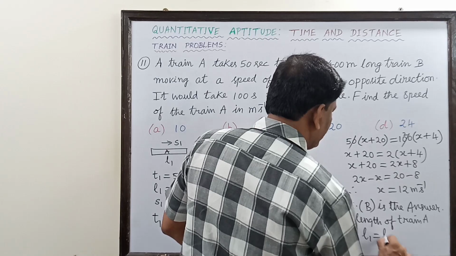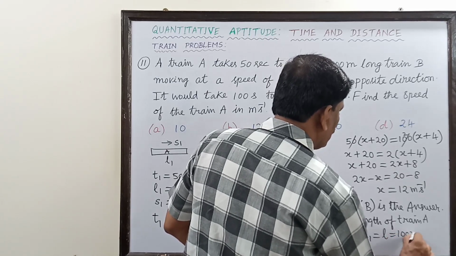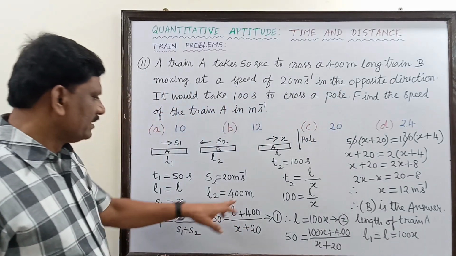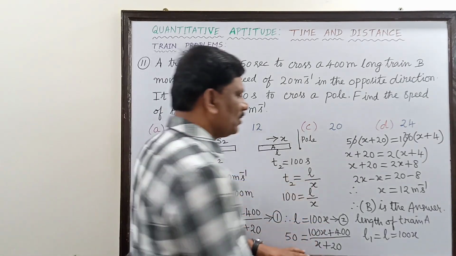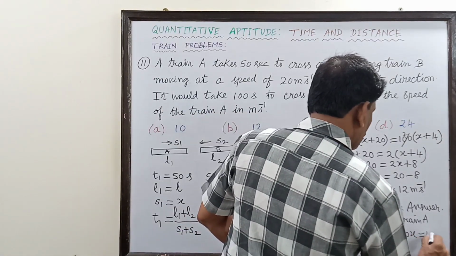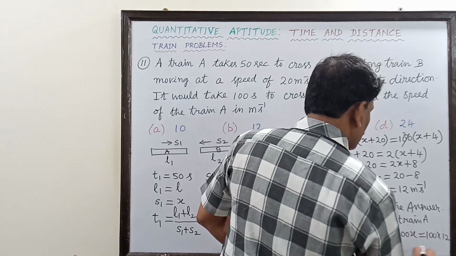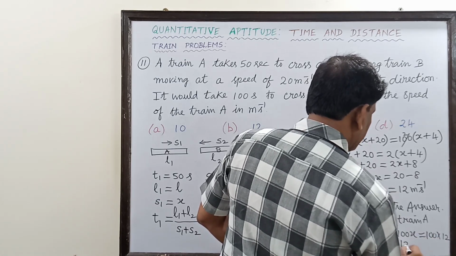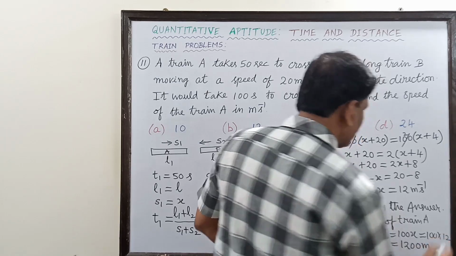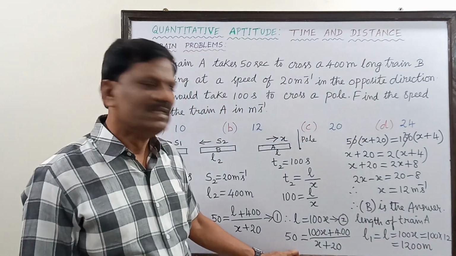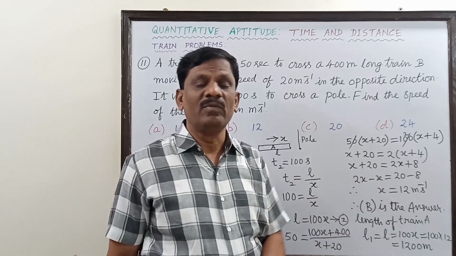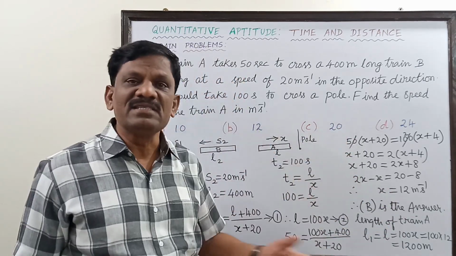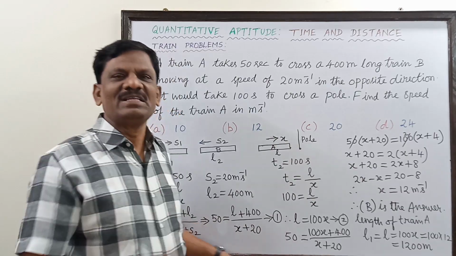L1 is equal to L. This is equal to 100 into x, is it not? So L is equal to 100 times x, so this is equal to 100 into 12, which is 1200 meter. Like that also sometimes they may ask both the length as well as the speed. I hope you must have understood well. Fine.